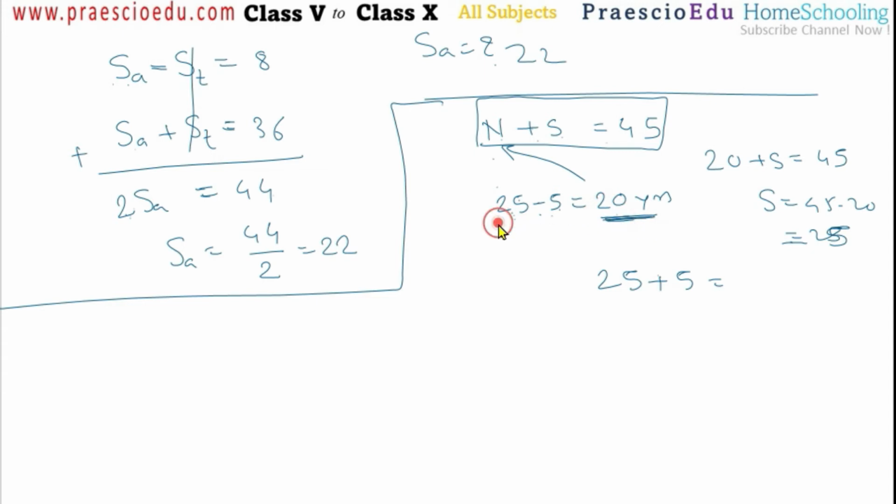Because after 5 years Naitik is 25, we subtracted 5 years to get the current age, and this value we put in this equation. So S we get 25. Naitik's age was 25 after 5 years. Shlok's age is also 25 plus 5, which means 30 years. And 30 years is given in option number 2.